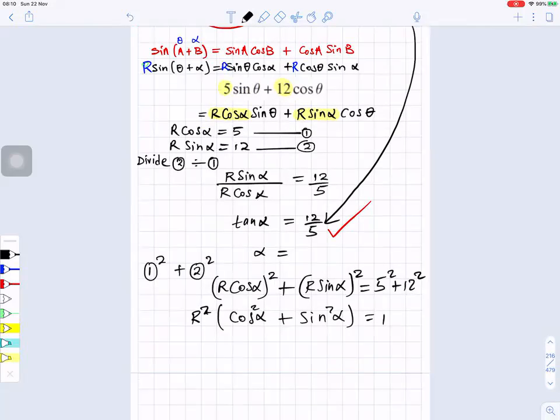So r squared is 5 squared plus 12 squared. So r is the square root of 5 squared plus 12 squared. So r is 13.